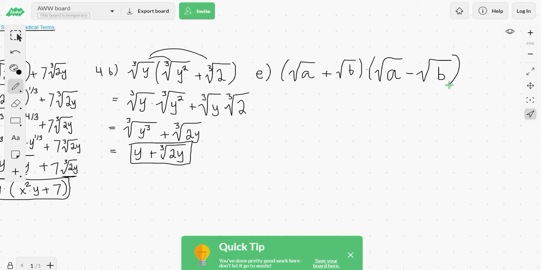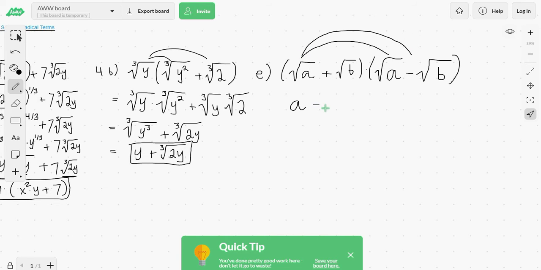So there's a couple ways to approach this. If you have a keen mind, you might think of the difference of squares formula here, but let's suppose that you have no knowledge of difference of squares formulas, you just want to compute this. So you take the square root of a times the square root of a. That's just going to give you a. Square roots cancel in effect, right?